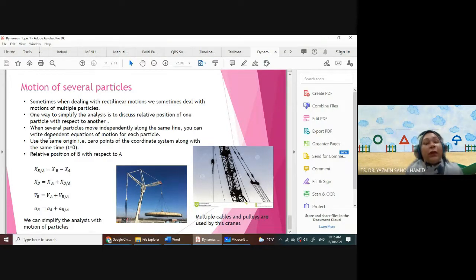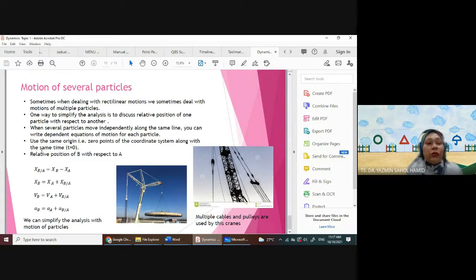When several particles move independently along the same line, you can write dependent equations of motion for each particle. We must use the same origin, the zero point of the coordinate system, and start at the same time, t equals 0.